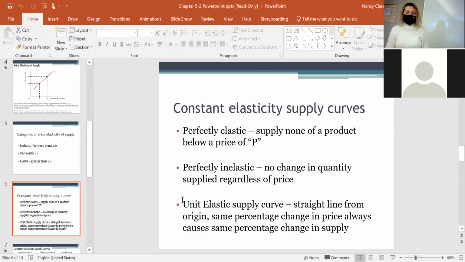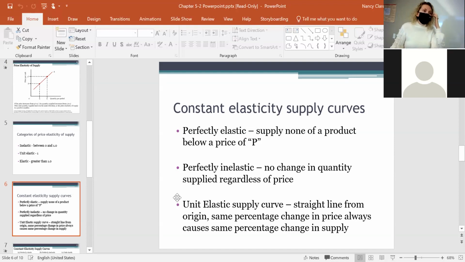Perfectly inelastic supply would be perfectly vertical, which means at some given quantity, that supply curve would come straight vertical out of that x-axis, which would indicate that at any given price, supply would still remain the same.